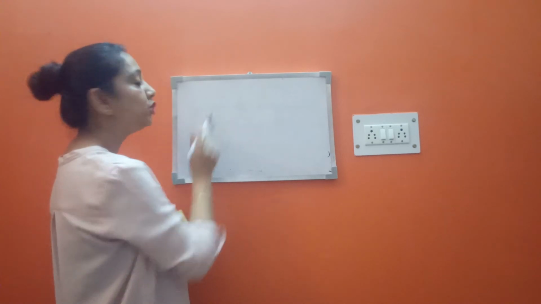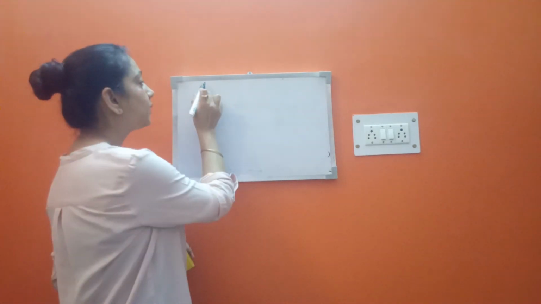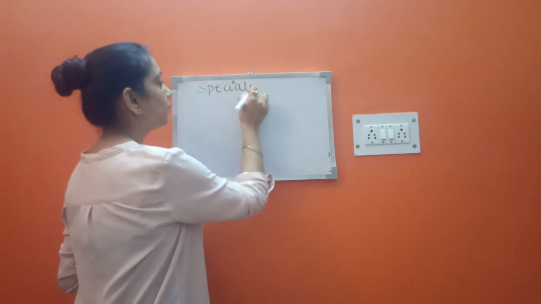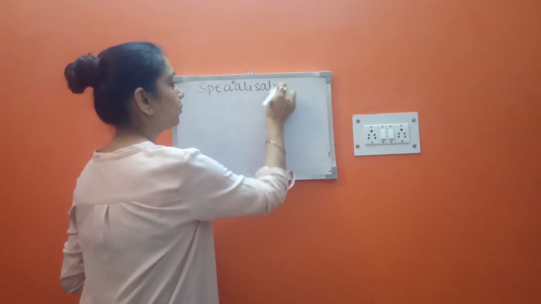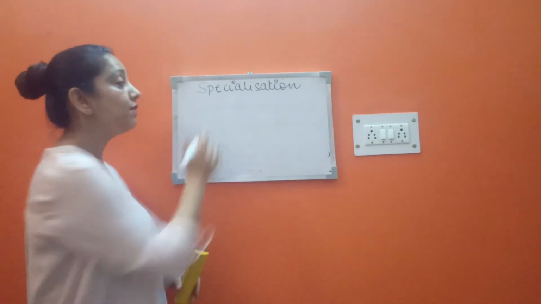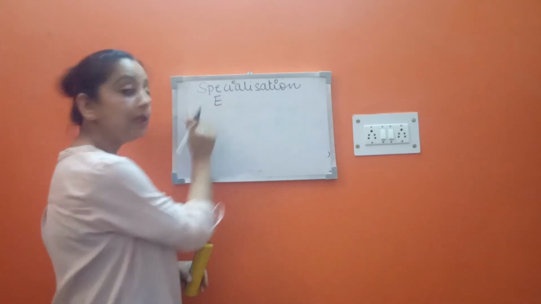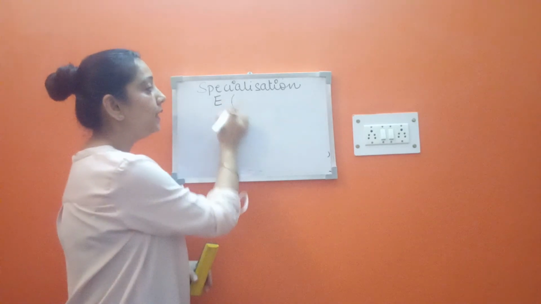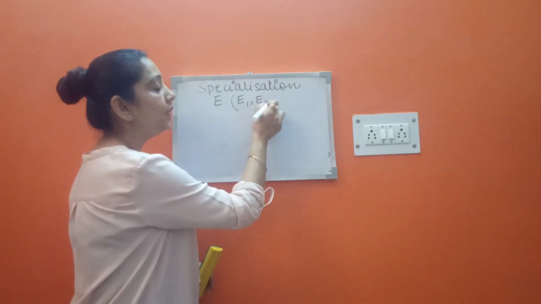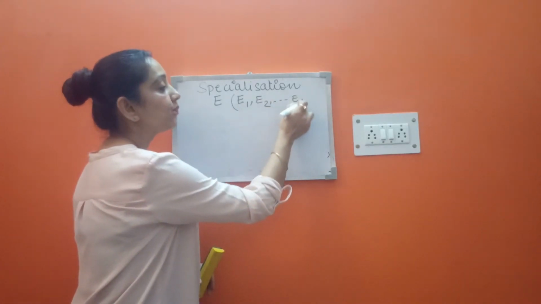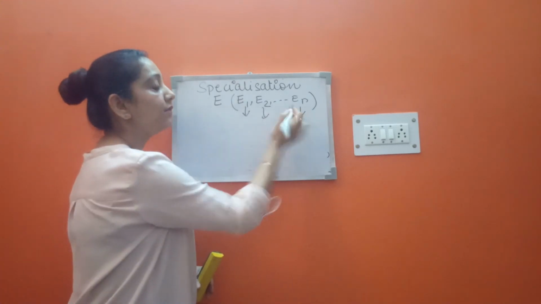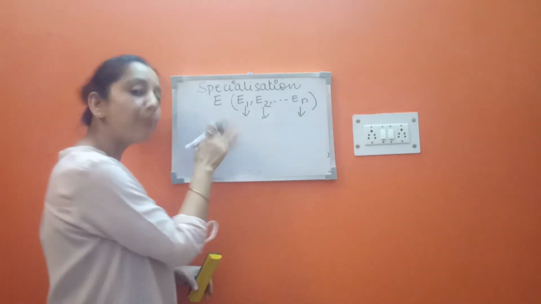Next, another feature of the ER model is specialization. Now specialization says that if I have an entity set E, it can be broken into various sub-entities or subgroups E1, E2 till En, such that each of these subgroups may have their own properties which are specific to them.